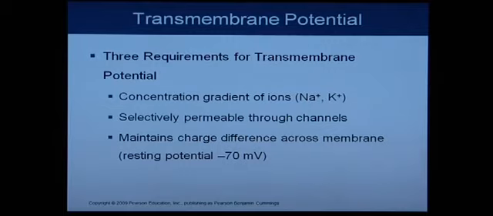Now, in order to get the neuron to fire and something to happen, like a muscle contraction, we've got to change that resting membrane potential. We want to make it more positive. If we can do that, this will cause an action potential, and we will have movement if we're talking about a muscle cell, for example.